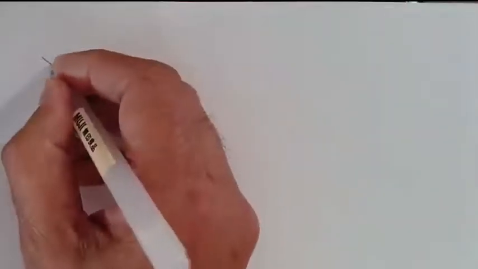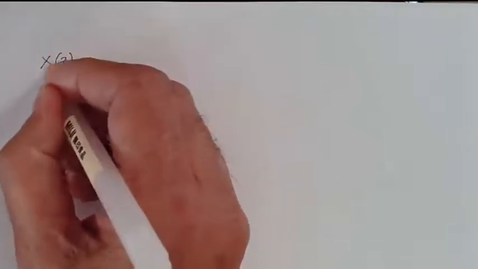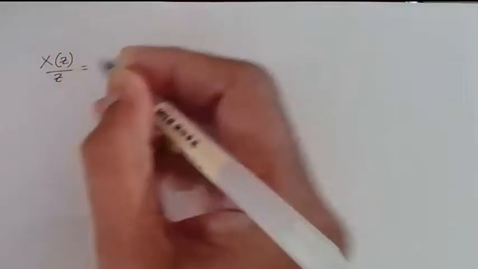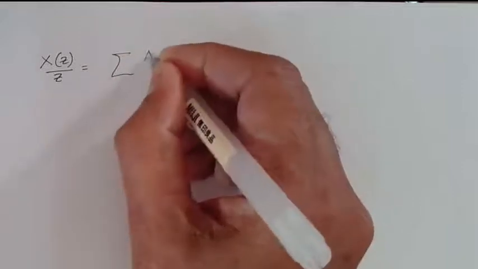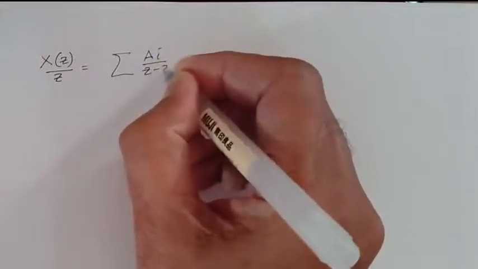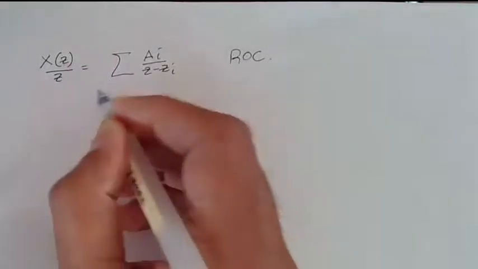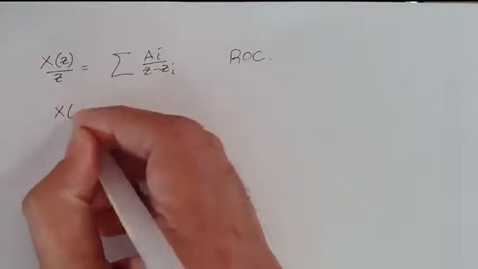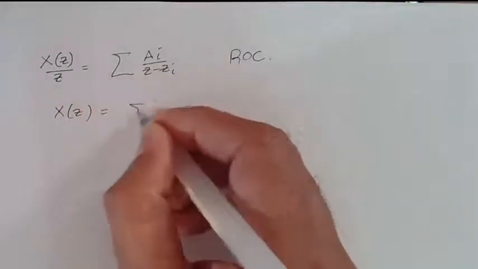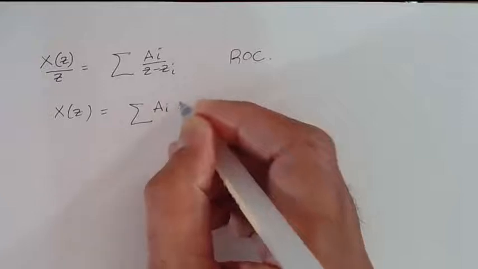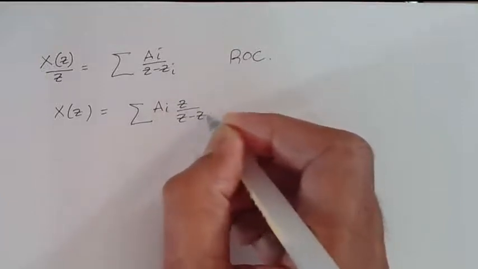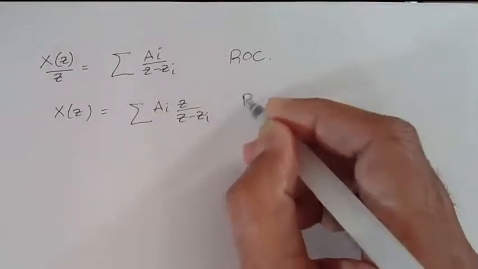So actually there are 3 different ways, and I'm going to hold you responsible for only one of them, and that's this one. Given an x of z, take that, divide it by z, write it as a partial fraction expansion, and you'll have some region of convergence, and then x of z can be written as the summation of a sub i z over z minus z sub i, with the same region of convergence.